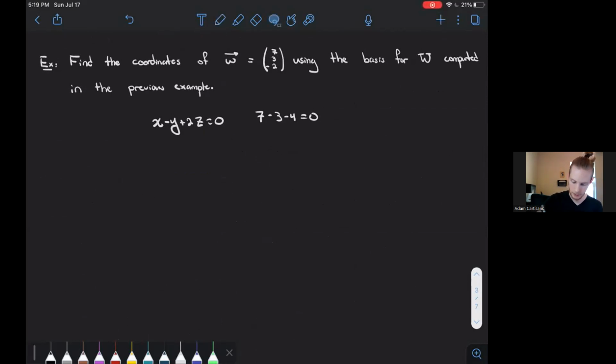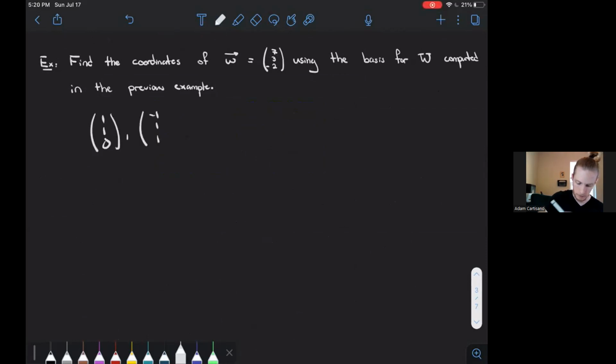Okay, so we want to find the coordinates of w with respect to our previous basis. So our basis was 1, 1, 0 and negative 1, 1, 1.